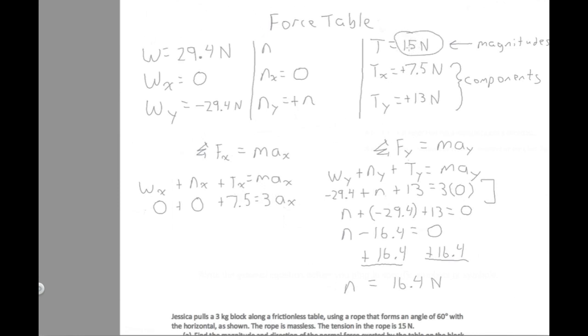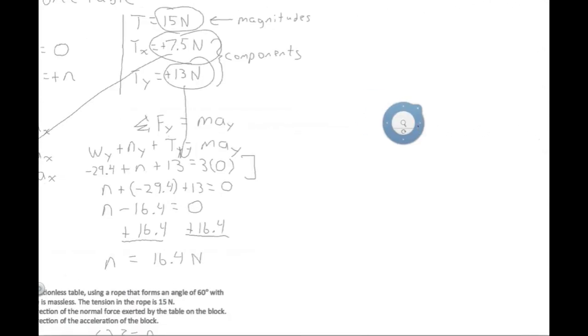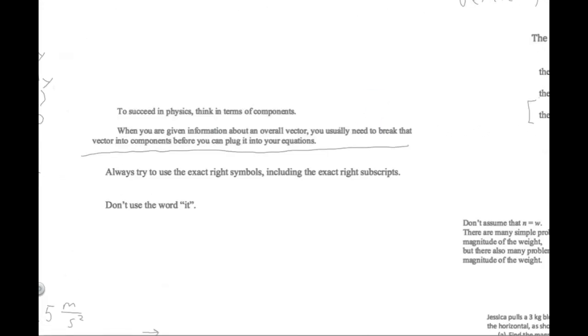That, of course, doesn't mean that we ignored the 15 newtons. What we did is we broke the 15 newtons into components, and then we plugged the components into the Newton's second law equations. So that's another excellent example of the fact that to succeed in physics, we have to think in terms of components.